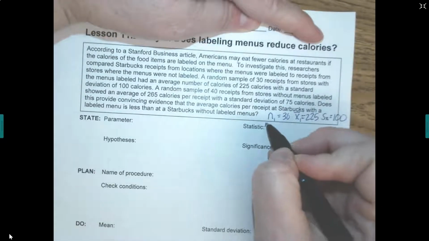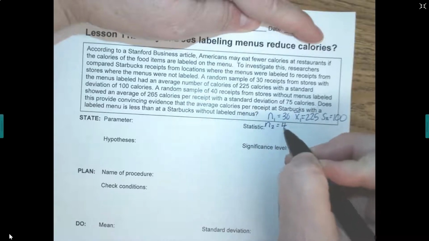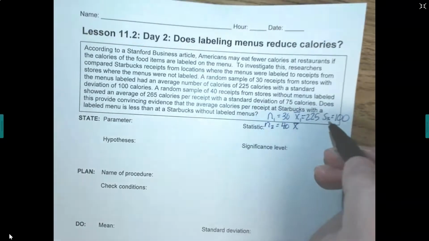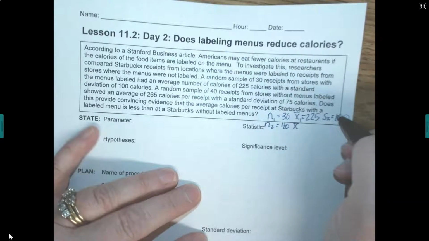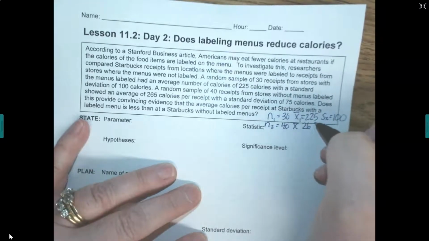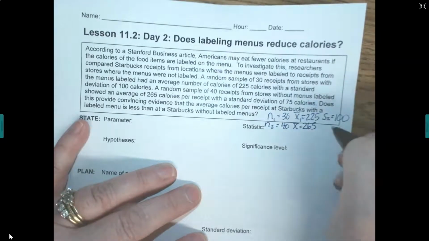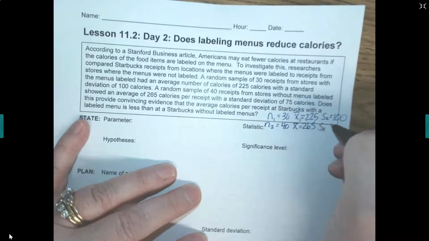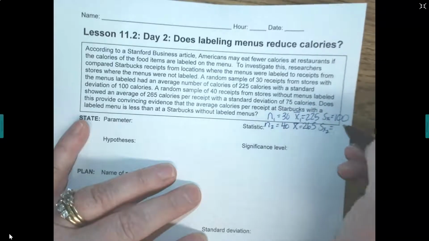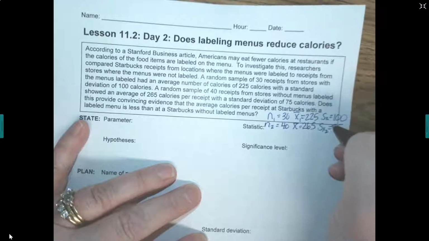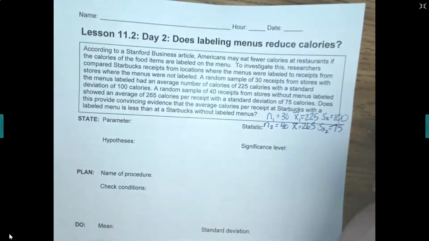And then my second sample size was 40. It had a mean of 265 and a standard deviation of 75. So you don't have to go back looking for everything when we do this.